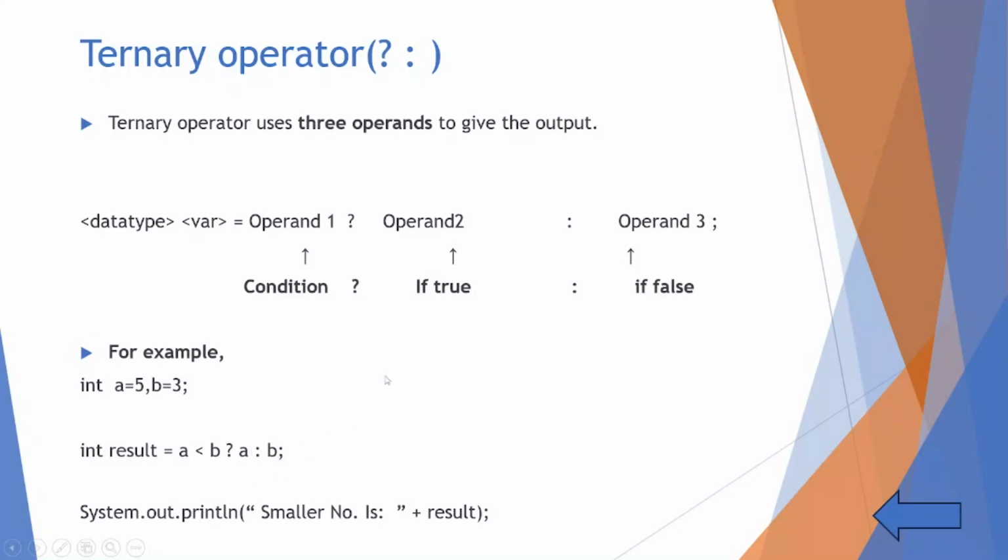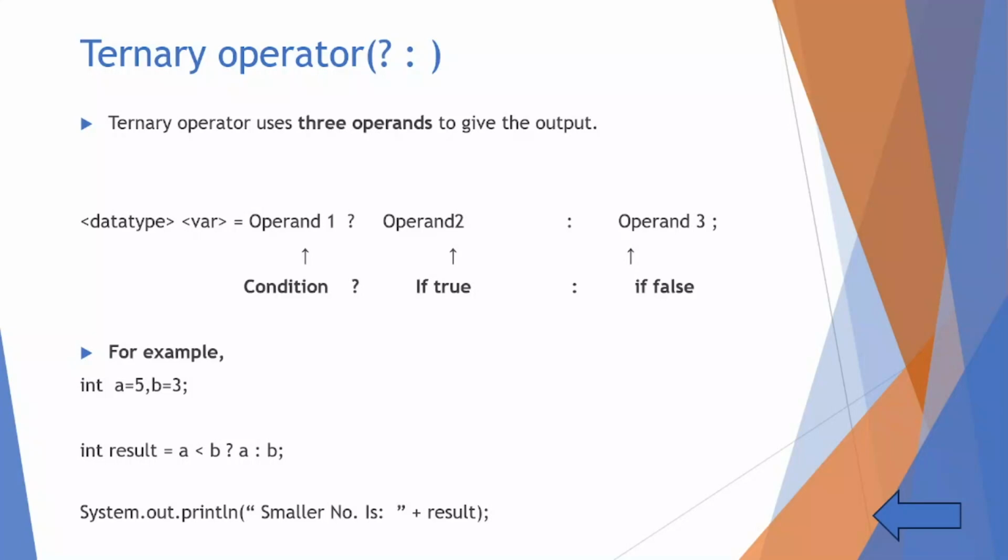b. Now, between operand 1 and operand 2, a question mark is given, and between operand 2 and operand 3, a colon is given. So everything up to the question mark is operand 1, which is a relational expression. Then, followed by the question mark, if the expression is true, the contents of a should be stored in result.